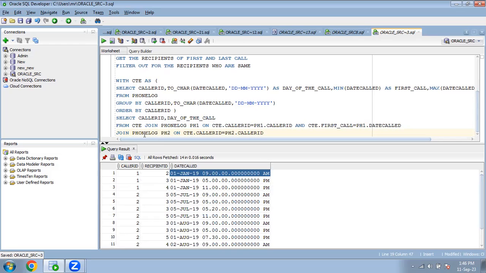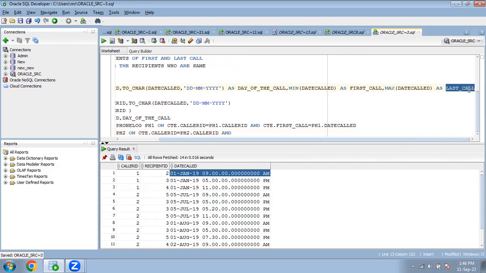And I am joining with another phone log table, the same self join, on the condition that caller ID equals ph2 caller ID and the last call from the CTE equals ph2 dot date called.